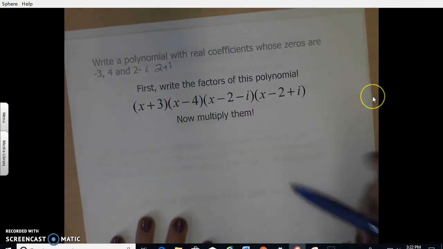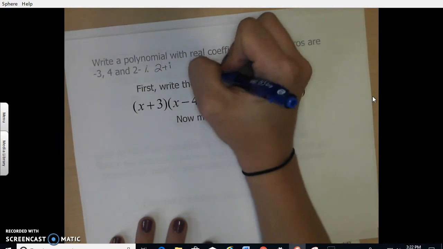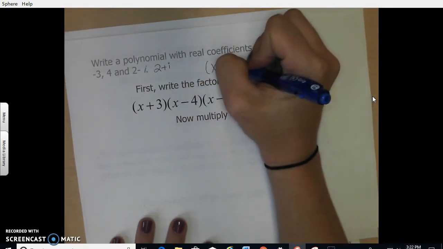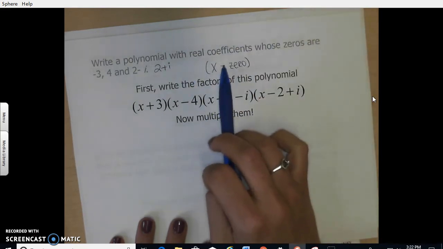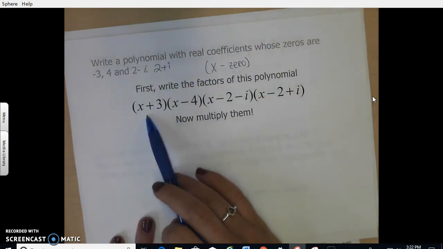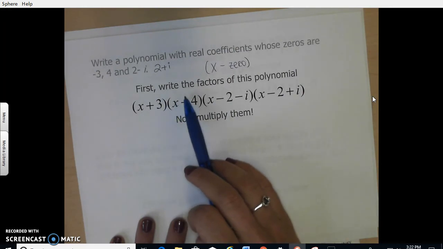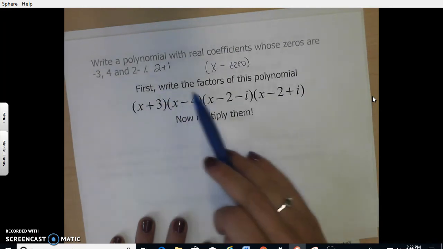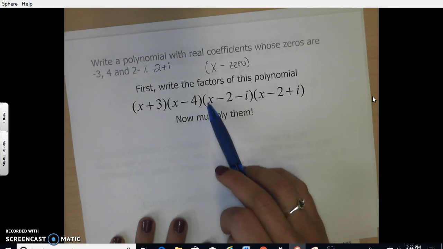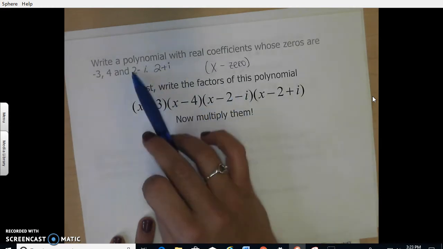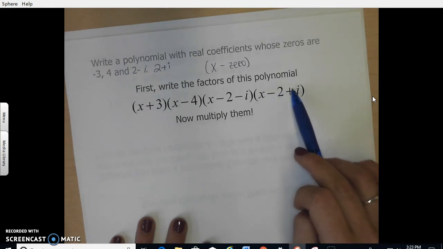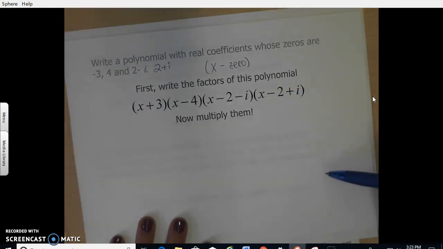And when we go to write our factors out, we have to do x minus the zero. So we would do x minus negative 3, which turns into x plus 3, x minus 4, x minus the quantity 2 minus i, and x minus the quantity 2 plus i. And then we multiply them out.